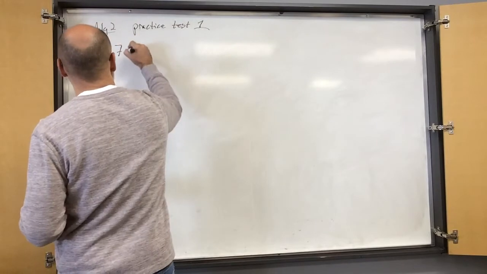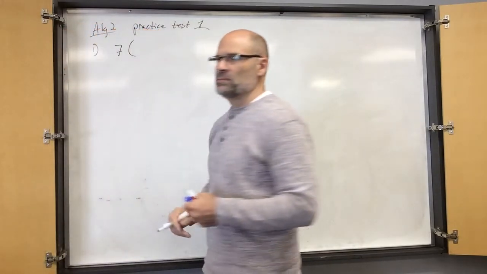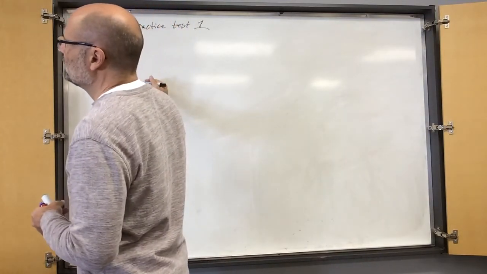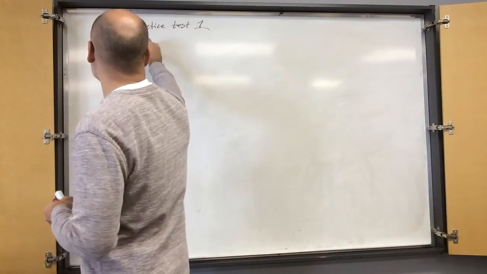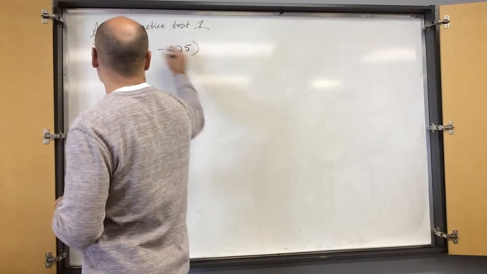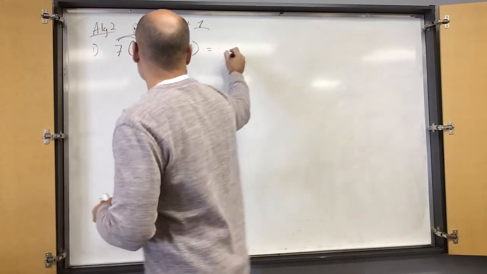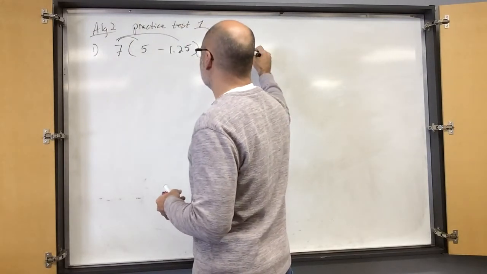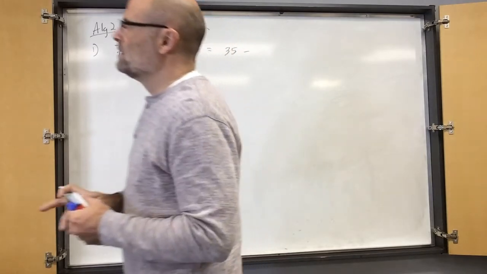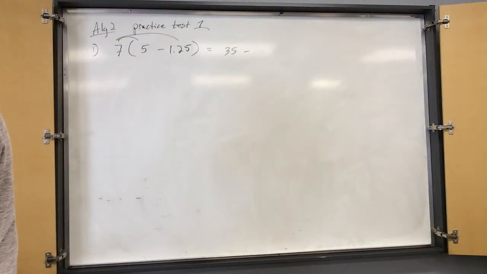So it kind of gives it away here. I did 5 minus 125. Okay. $5 minus $1.25. Okay, so you can distribute that across. You get 35 minus, what is that? You do the think of 395 as.